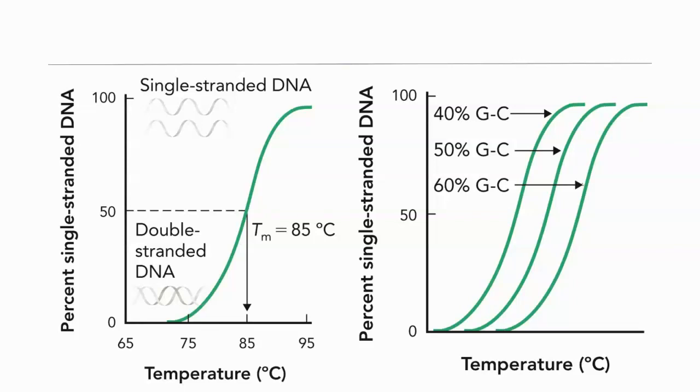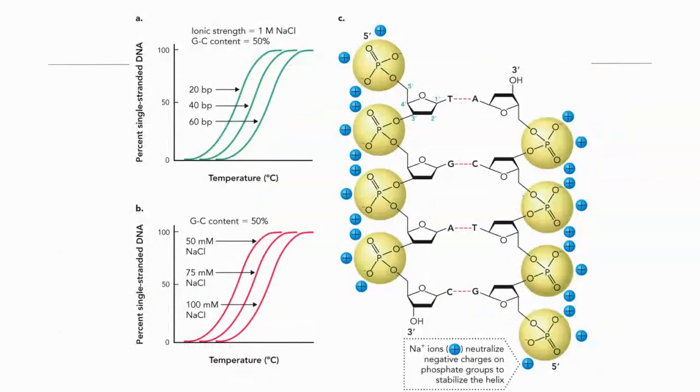And also another force would be the complementary sequence, right, to help stabilize the structure. That's why with a higher percentage of GC, the melting temperature will be higher than for a low percentage GC DNA molecule.